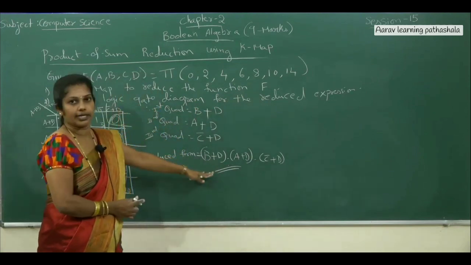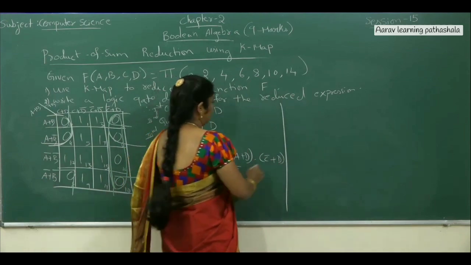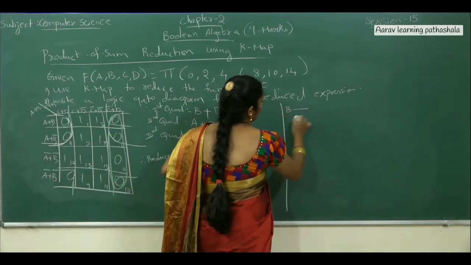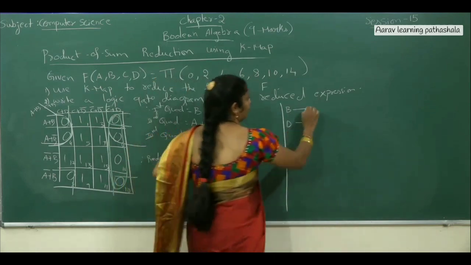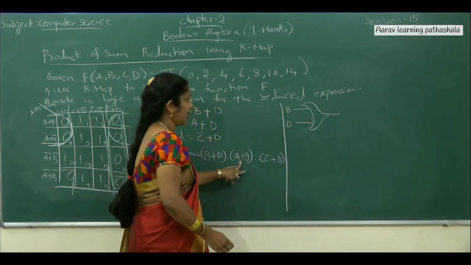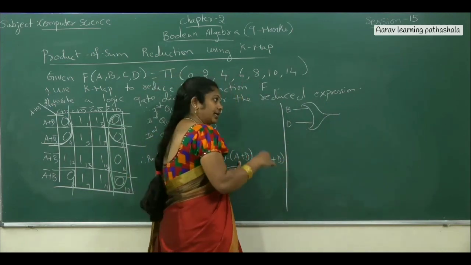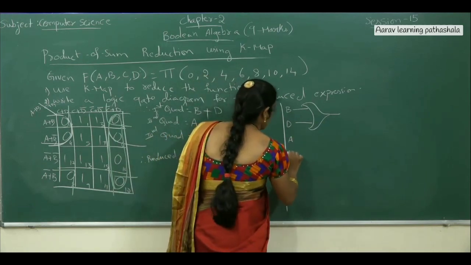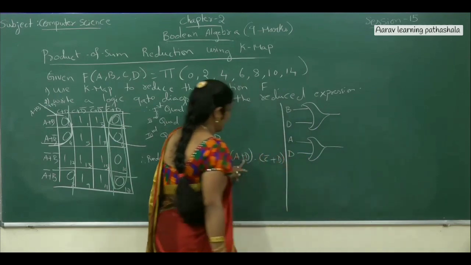Now for the given reduced expression, you have to write the logic gate diagram. Then here B plus D, I am going to take B, then D. These two are combined with plus operator, that's why reverse C shape I have to consider. Next A and D, here I am to take the same D, otherwise if you want you can write one more D also, A D. Connect this with the C shape once again.